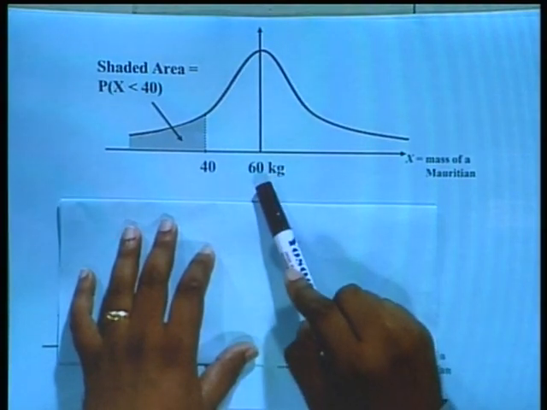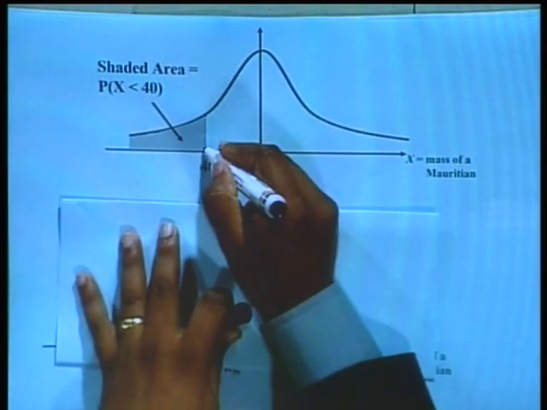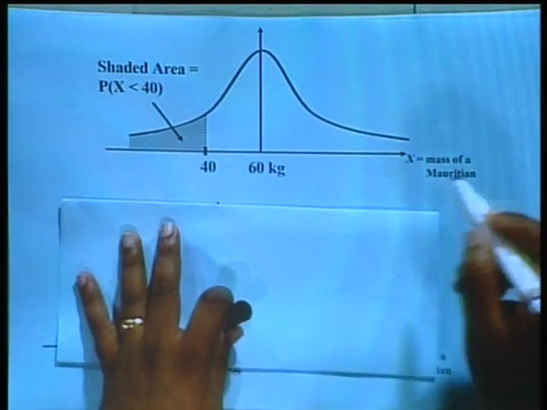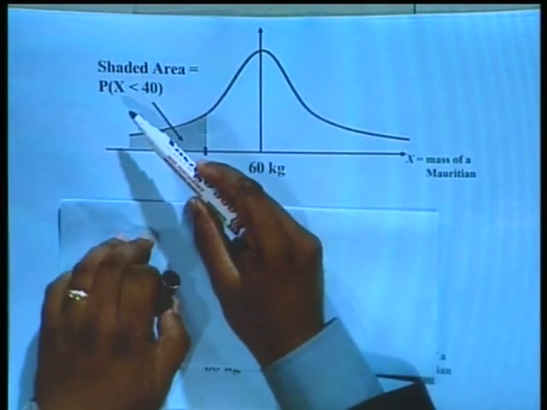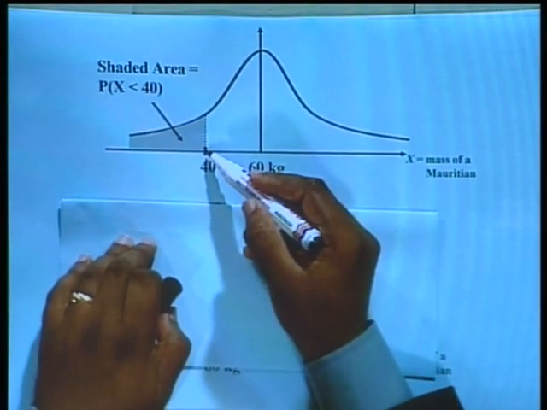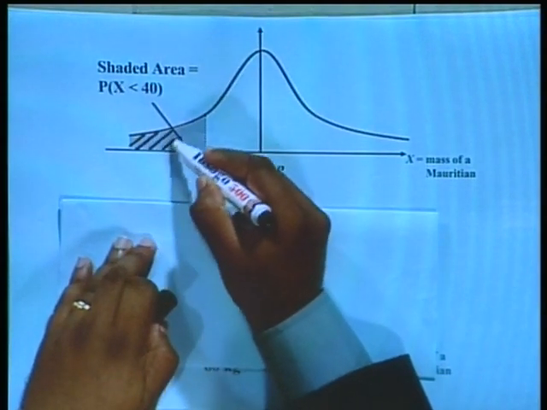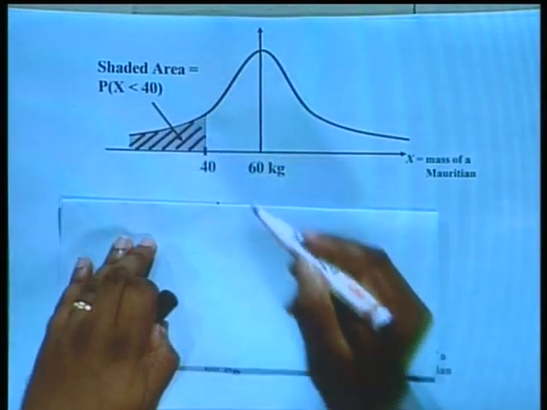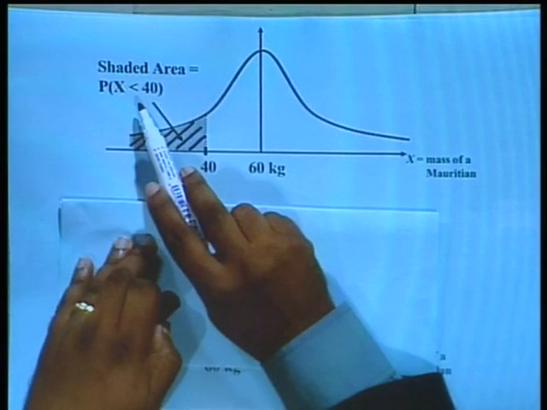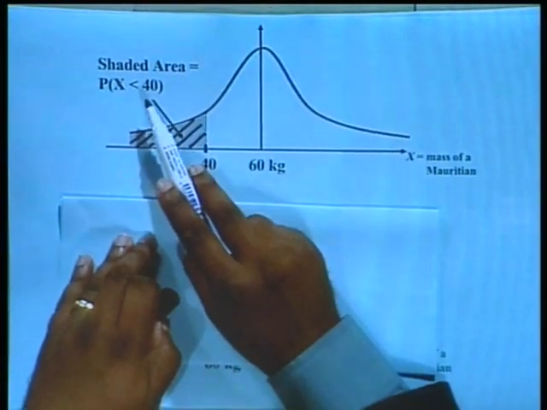The mean value is 60 kilograms, right? We locate where we have 40 kilograms on this axis representing mass. We want the probability that the mass is less than 40 kilograms. So the area representing less than 40 kilograms is equal to the probability. The area under the normal curve is equal to the probability.